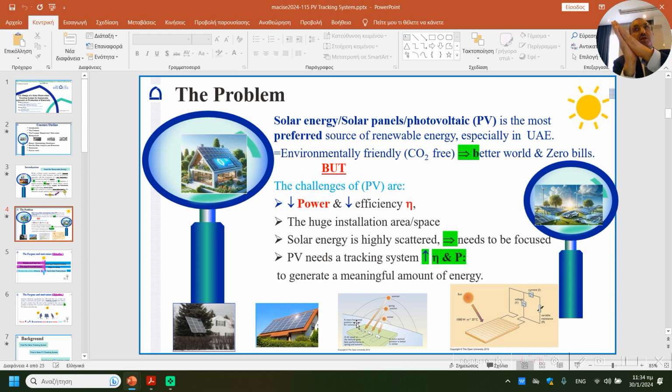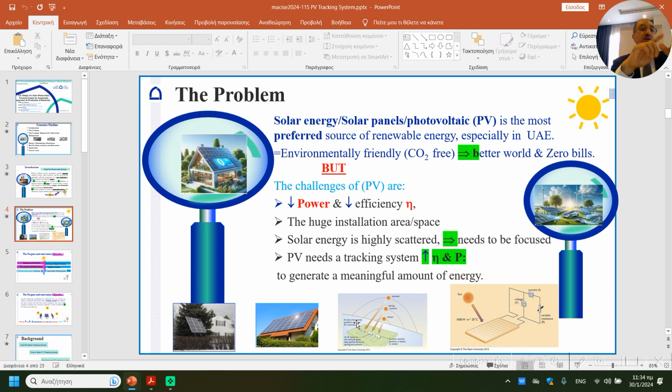So the inclination of the solar panel should be modified actually twice to four times every year, depending on the season, in order to get more energy from the sun, which means we have to move the normal solar panel many times during the year. This is not the whole problem.